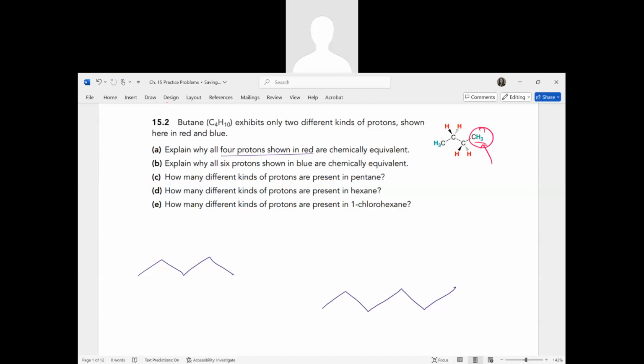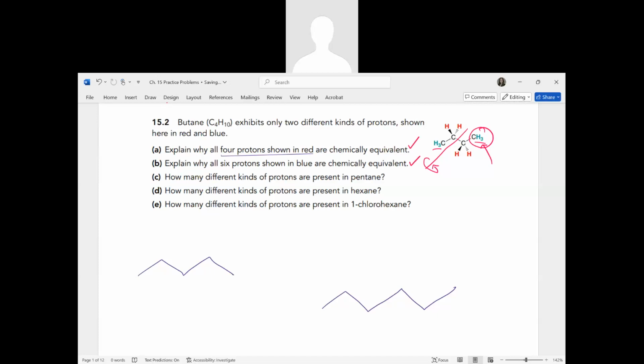And then the 2 methyl groups are equivalent to each other because they can also be exchanged through rotation here. So therefore, all 6 of the blue protons are also chemically equivalent, just like we saw with the 4 in red. So that describes the 2 types of protons that are present in butane.